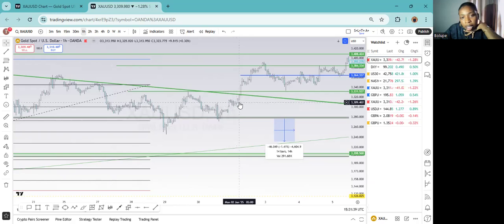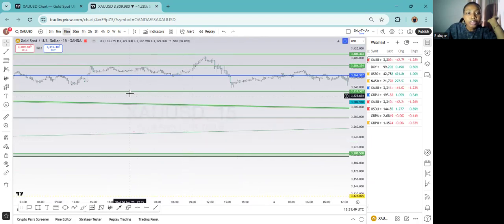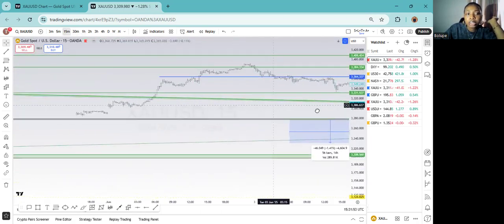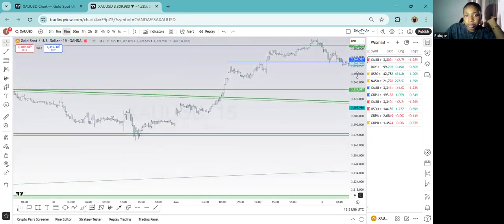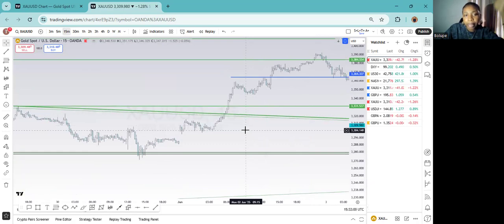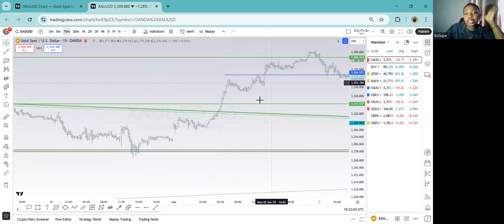And then during Asian session, we had this bullish momentum around here. So on a lower time frame, let me go 15 minutes, which is my entry time frame for the most part, I got a buy around here. And then price just kept on going.